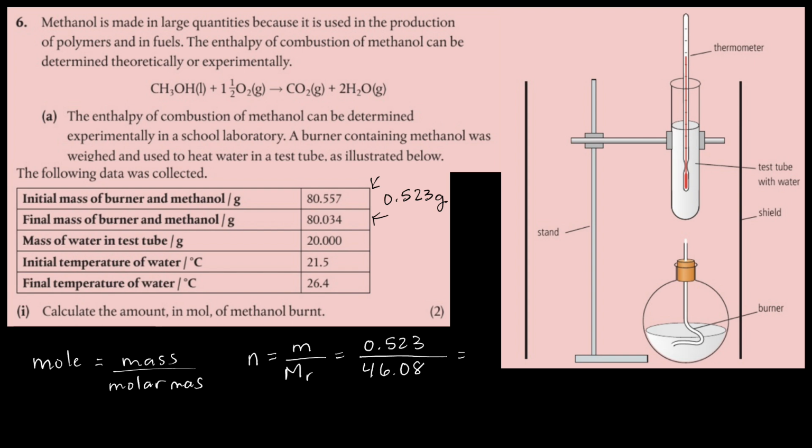So when we divide that, it's going to give us 0.01135 moles. And if we are looking at sig figs here, which would be 3 because of these two numbers, that would give us a final answer of 0.0114 moles of methanol.